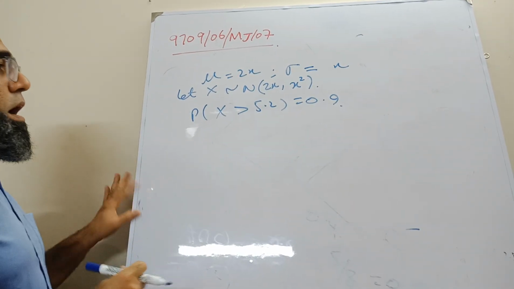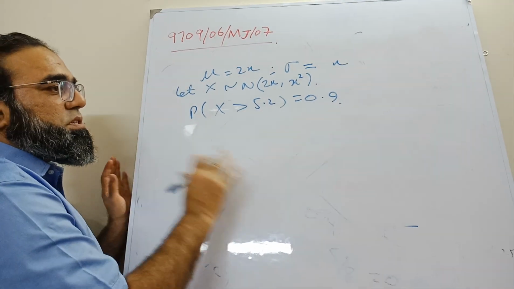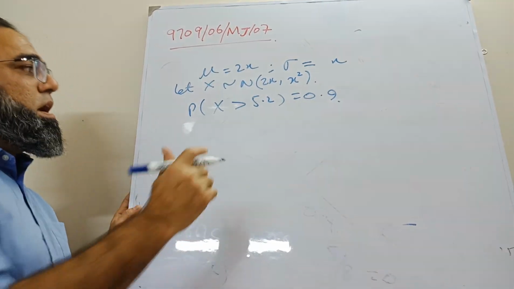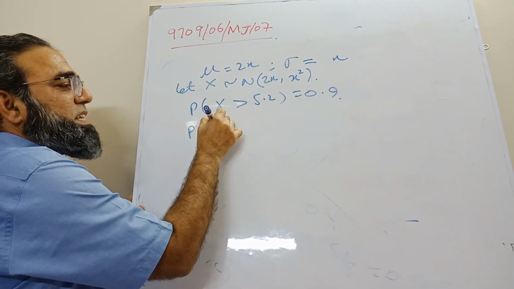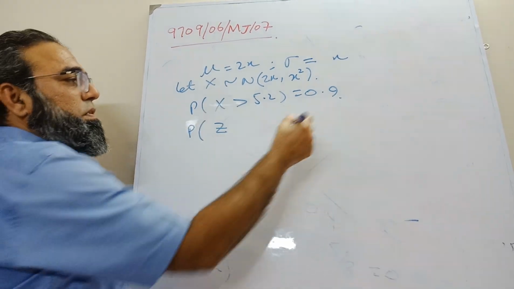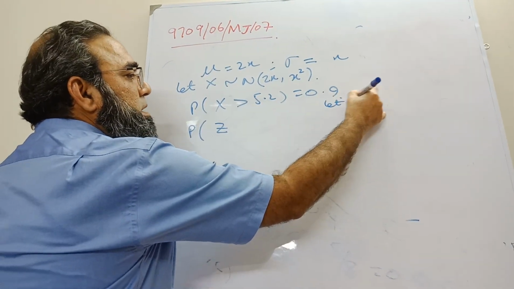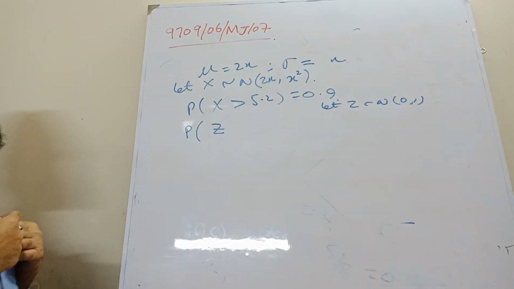Okay, so I will be starting this by standardizing it. This is an easier topic, believe me. So this would become probability. Now instead of this x, I'll be writing z, that is for the standard normal distribution, and the toppers will write here let z is normally distributed with these. So you must mention this.